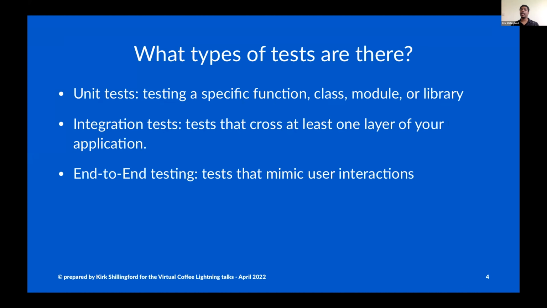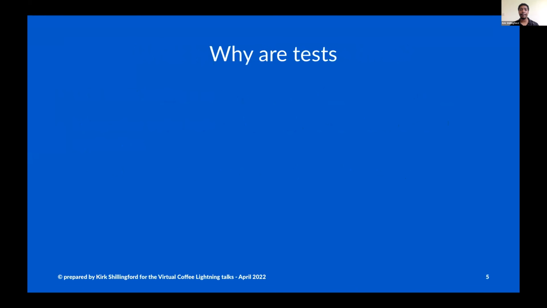A page opens up, a dialogue opens up, they see a profile picture, right? Behind the scenes, you have an entire application working to make all that happen, but the end-to-end test is very, very high level. And these are basically the three types of tests you're ever going to be doing at any particular time.